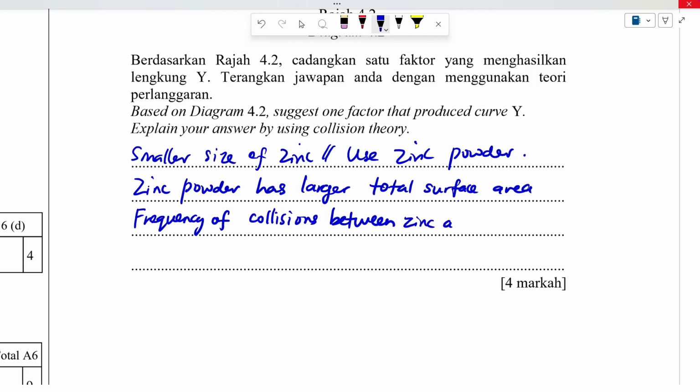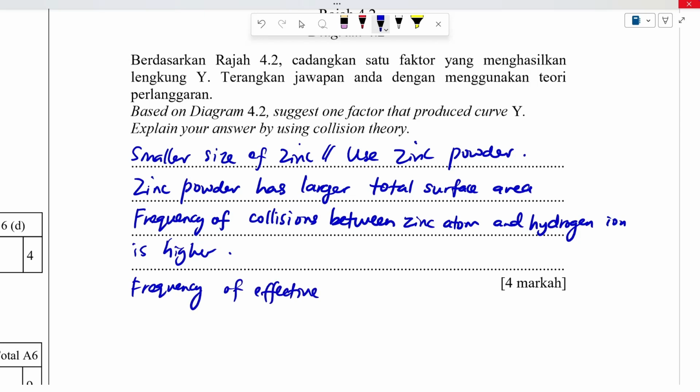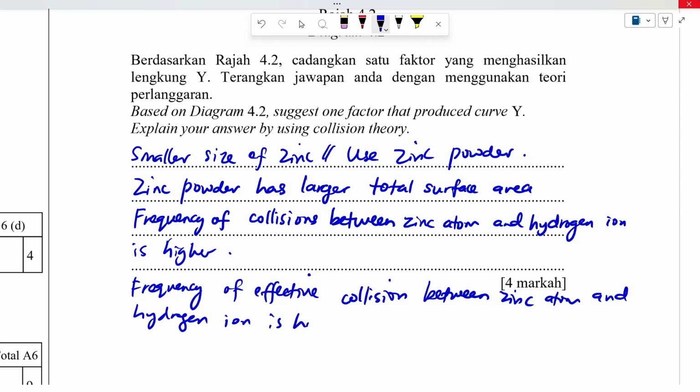Zinc atoms and hydrogen ions is higher. Then finally, frequency of effective collisions between zinc atoms and hydrogen ions is higher.